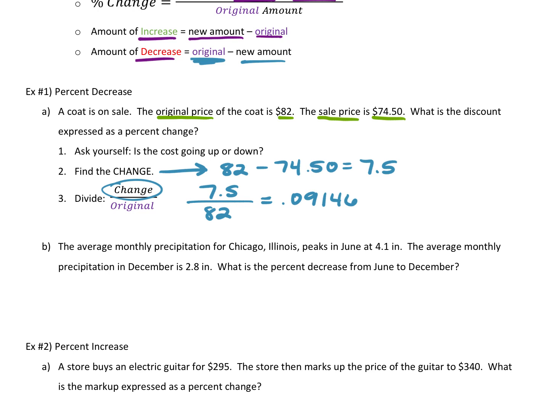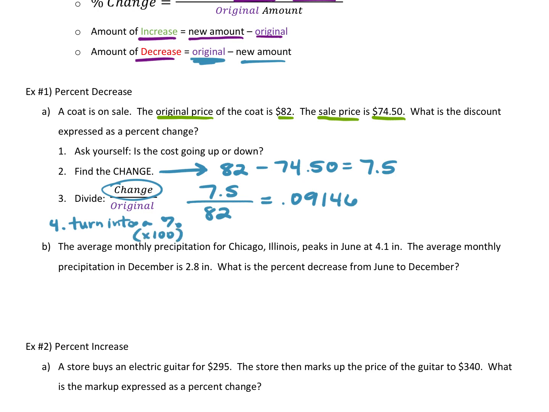The question they asked is, what is the discount expressed as a percent change? So I might add a fourth step here and just say, turn into a percent. The way you do that is by multiplying by 100.